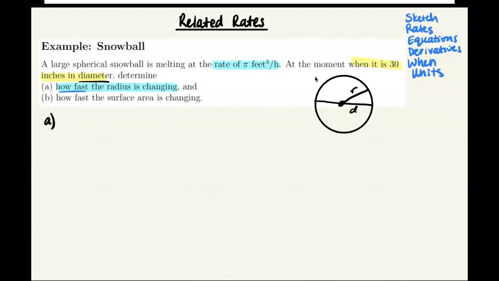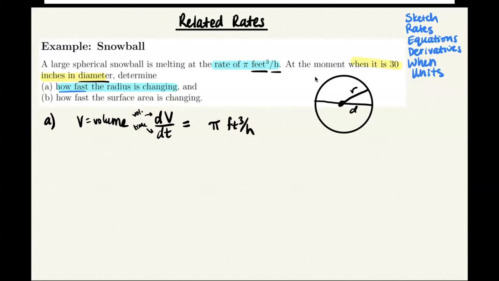I'm going to say it's called V. So V is going to be the volume. And we're told something about how the volume is changing. We're told about volume per time. So that means I know that dV/dt, the change in volume over time, has something to do with pi feet cubed per hour.